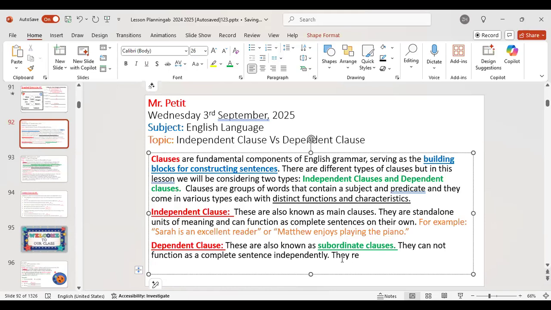They rely on independent clauses to form a complete thought.